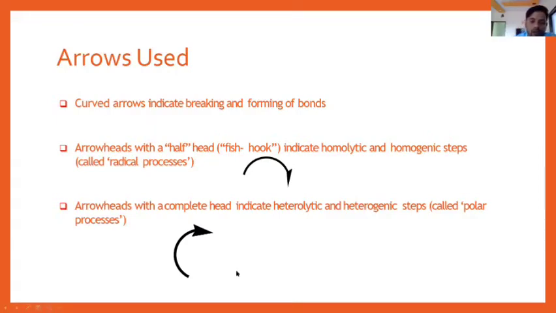And this is the next arrow, which shows the complete transfer of an electron to one of the atoms, or in heterolytic reactions. This arrow is used in the reaction mechanism. Most of the time we have to use this arrow.